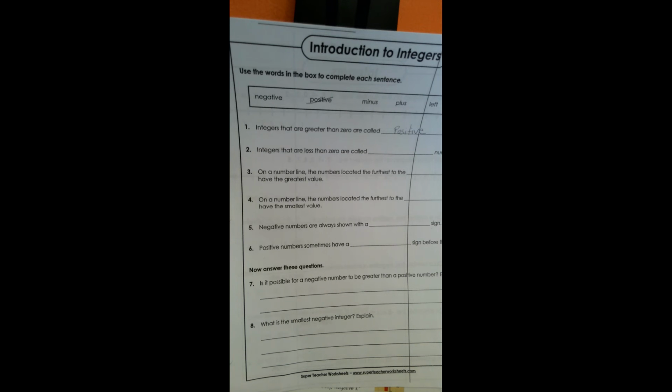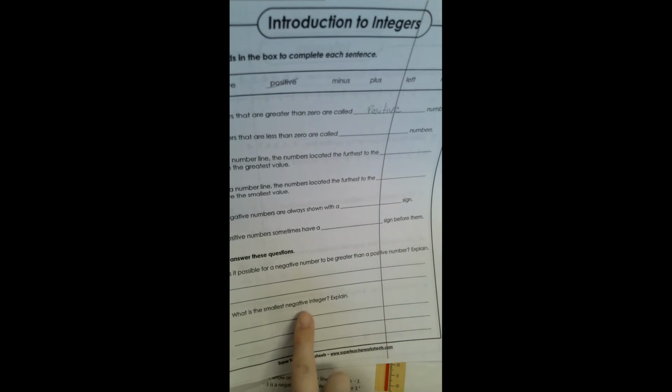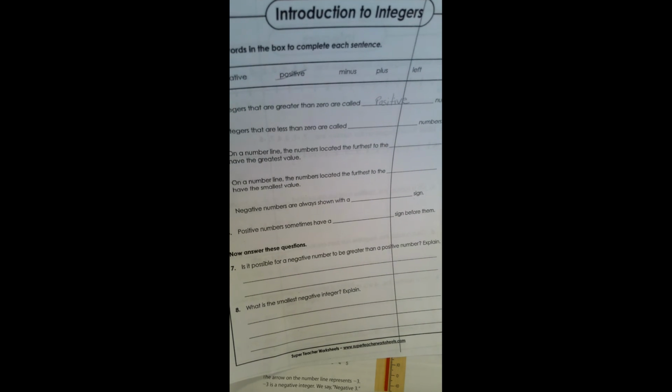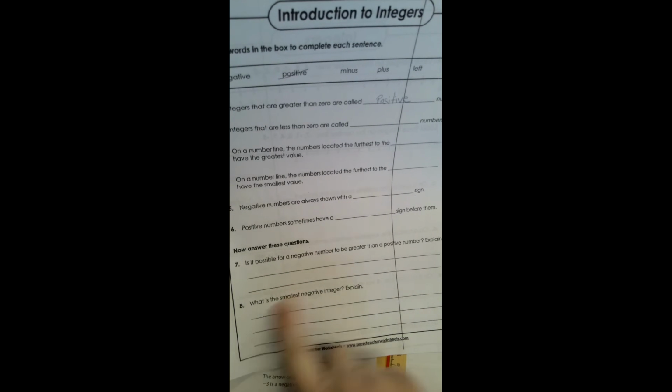You'll have to think really hard about that one and explain to me why. Okay, it says explain. What is the smallest negative integer? Explain. So again, it's some thinking you're going to have to do on that one.